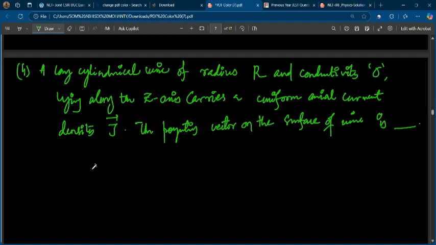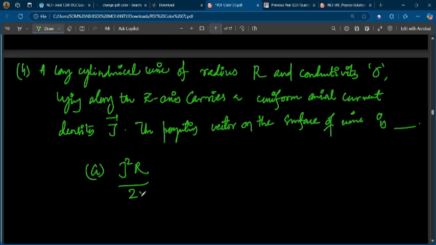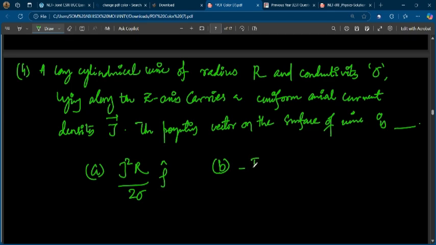So option A, J square R divided by 2 sigma rho cap. Rho cap means cylindrical coordinates. Option B, minus J square R by 2 sigma rho cap.